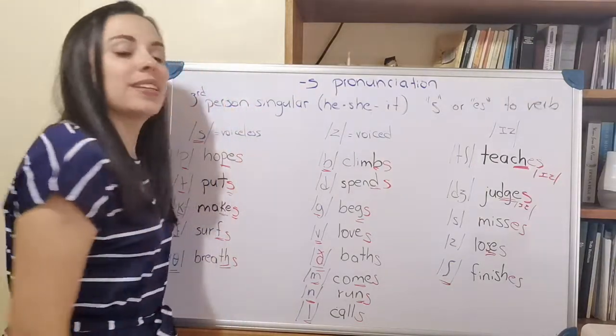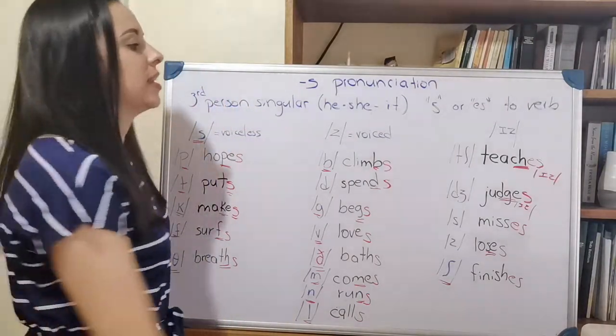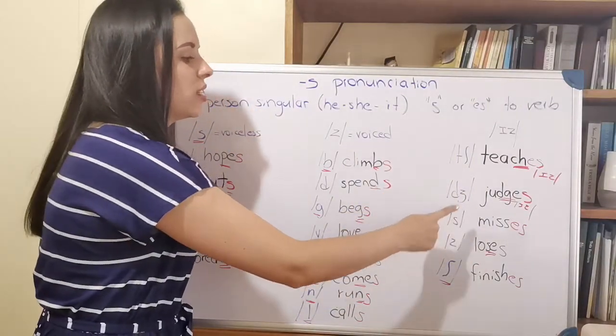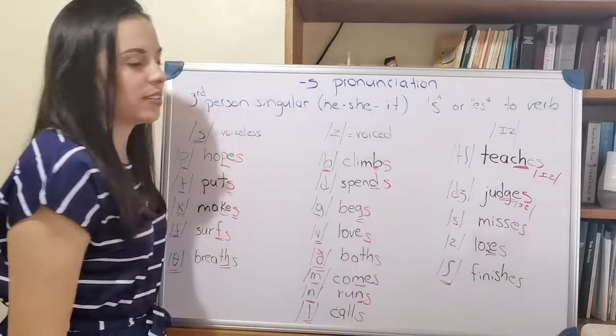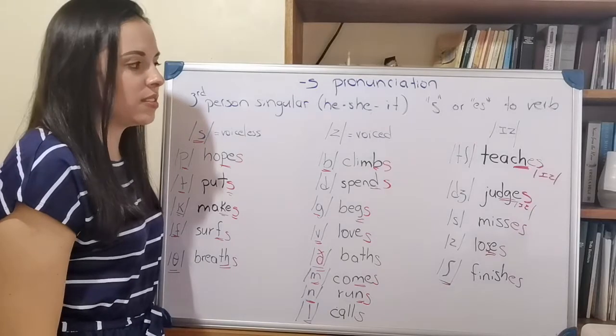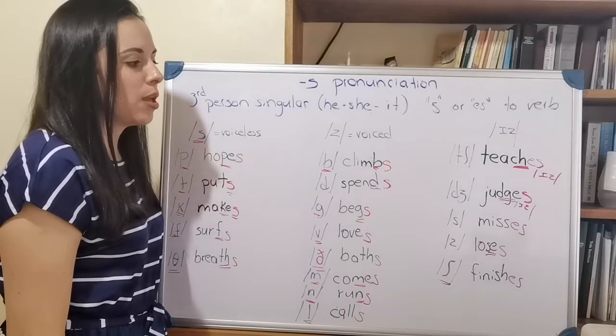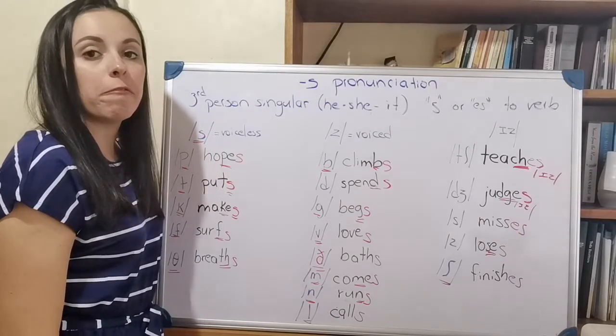And when the last sound of the verb is ch, j, s, z, or sh, it is pronounced as is, like teaches, judges, misses, loses, and finishes.